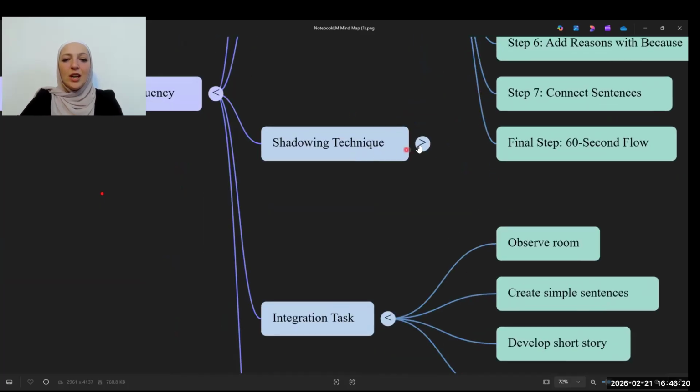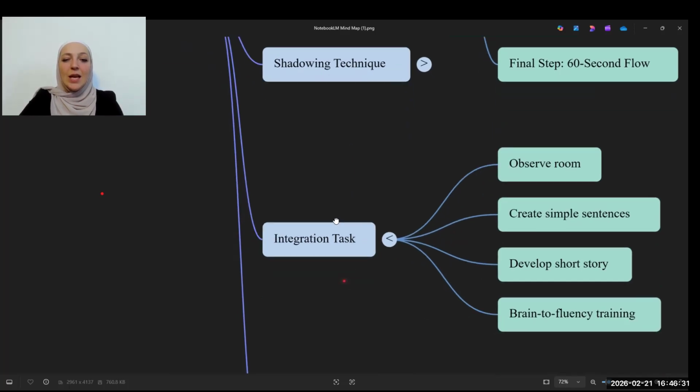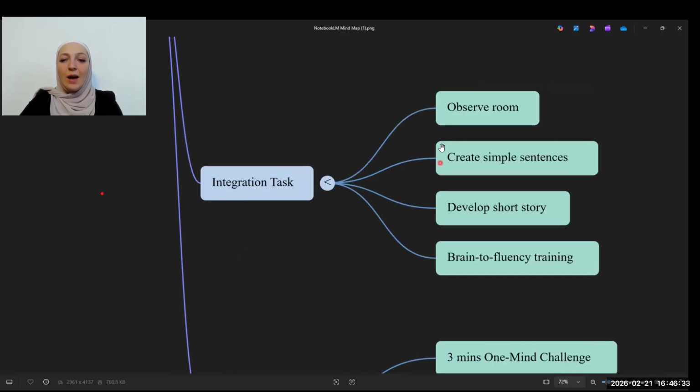The shadowing technique, you guys all know it already. Just listen, pause, repeat, mimic, annotation, rhythm, fluency in everything. Integration task: you have to observe the room, as I told you, create simple sentences, and develop a short story. Brain to fluency training.